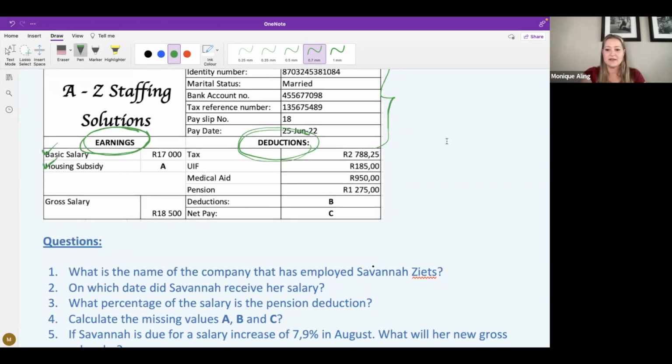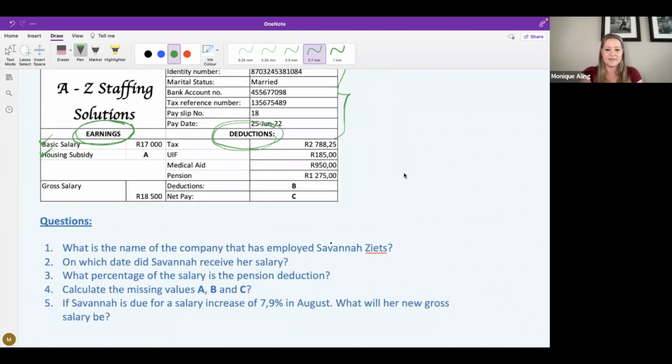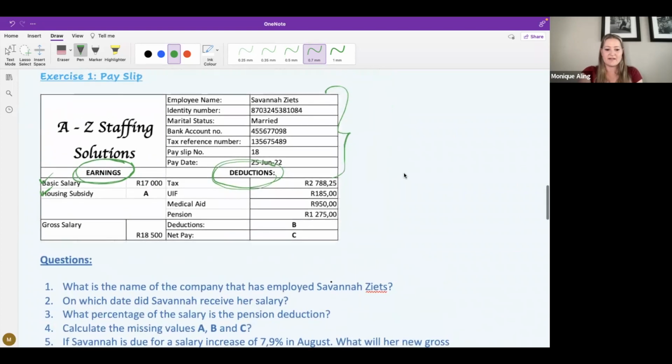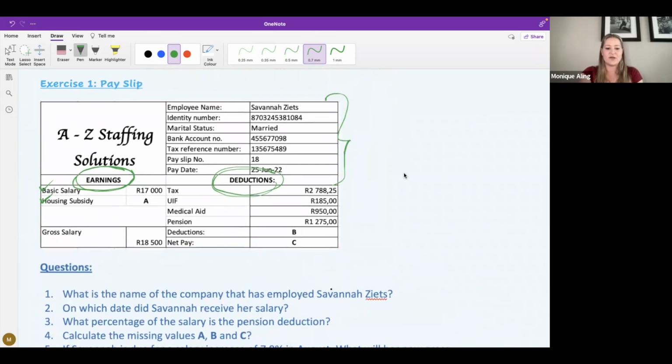I know you're going to get them right again, guys. Okay, so can we all see them? Don't worry about seeing all of them, but can you at least see to question number 3? If not, let me know.